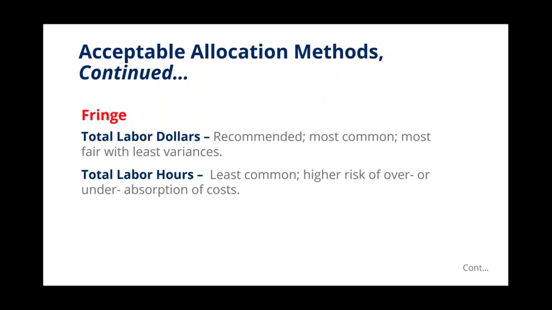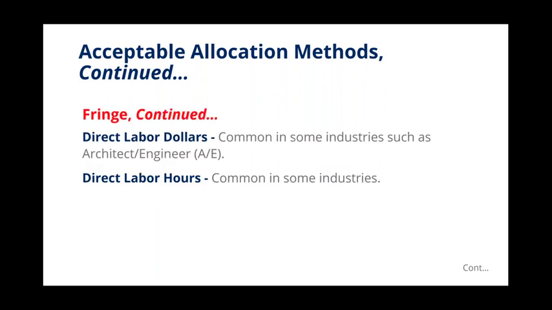That's the reason that we primarily do total labor dollars. And it's also important to note here, back to the question that somebody asked before, it is total labor dollars. So that would include my direct labor, my G&A labor, and my overhead labor.